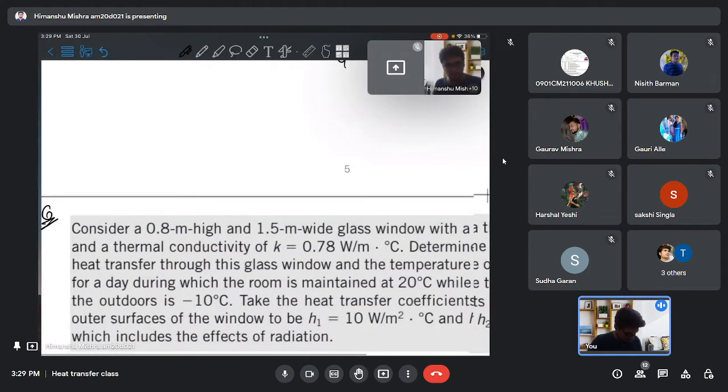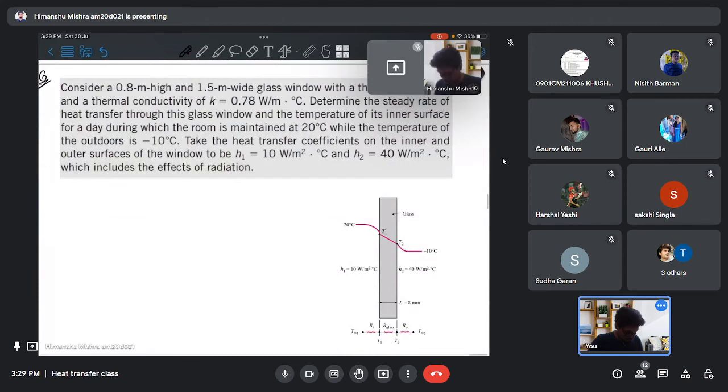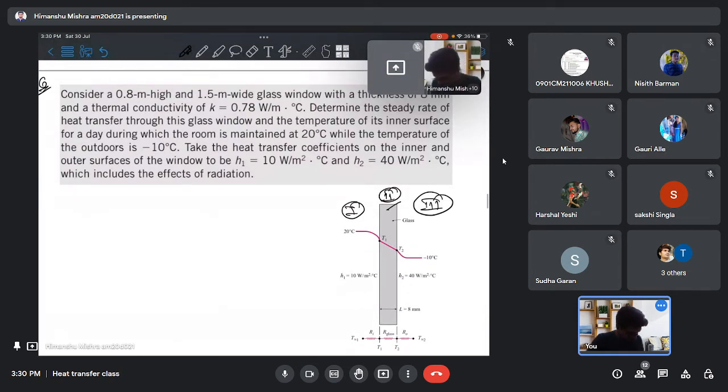So let's move to the other problem. In this problem, I'm showing one slab, and there is heat transfer in the first region due to convection, then heat transfer due to conduction, and here the heat transfer is again due to convection.